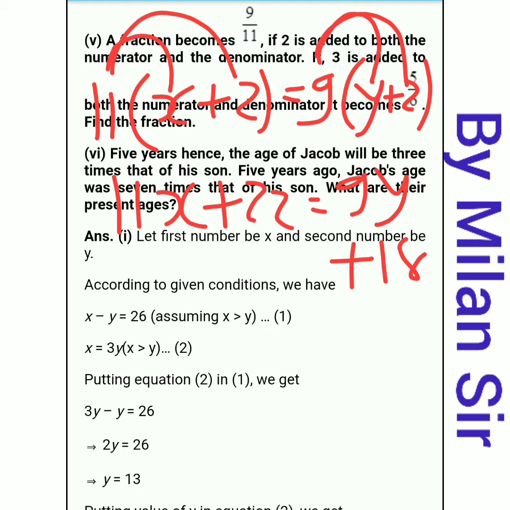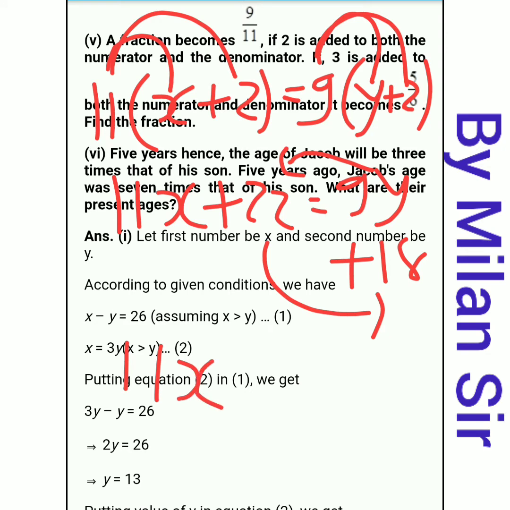Now we need to transfer 9y to the left hand side and 22 to the right hand side, because the terms which contain x and y we collect on the left hand side and the other terms on the right hand side.